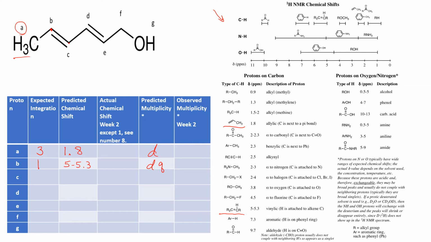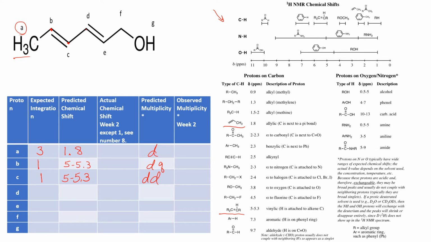All right, let's do C. C is 1 hydrogen. It's vinylic, so 5 to 5.3. And it's on a carbon that's next to a carbon with 1 hydrogen, and on a carbon that's next to a carbon with 1 hydrogen. So we should see a doublet of doublets.